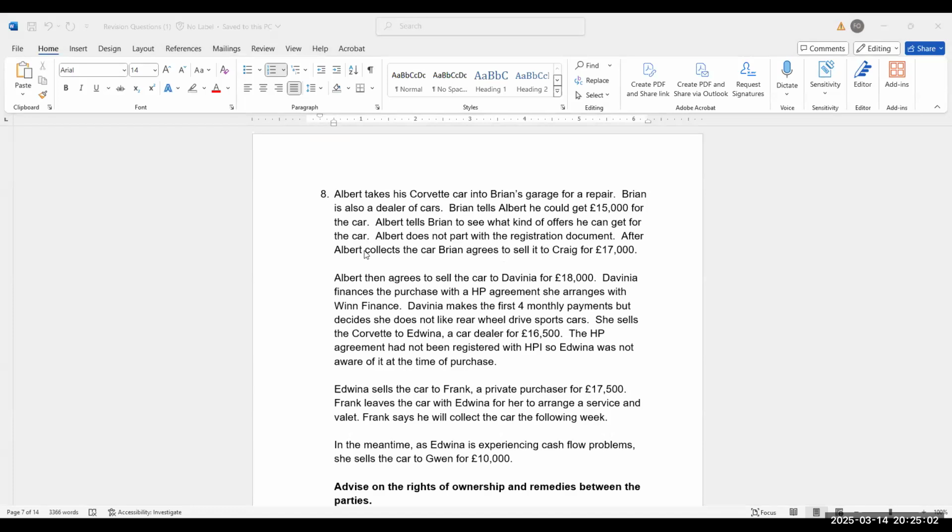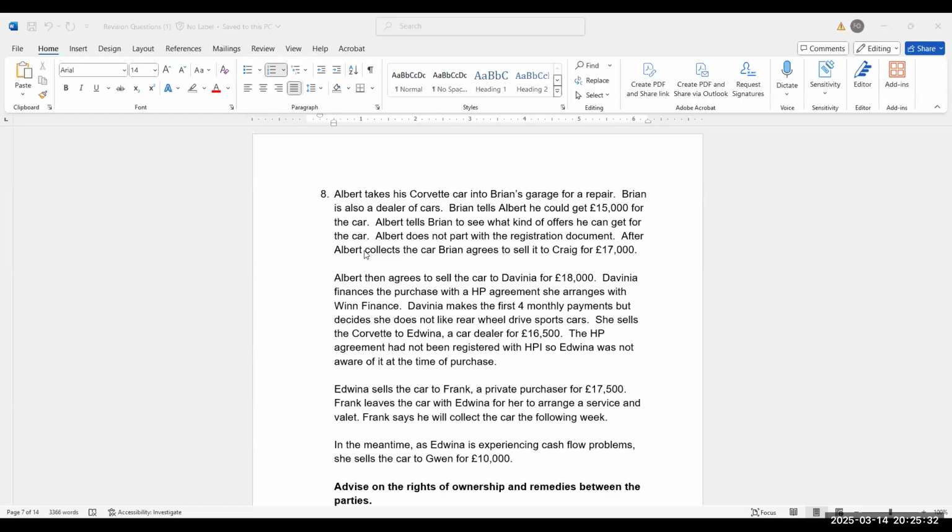It tells Albert that he should check if he could get £15,000 for the car, and it says, see what kinds of offer you can get. We can see that he didn't part with the registration document. Remember, in the exception of the Factors Act, the agent needs to have the document, the keys, and possession of the car. So he's not in possession of all those things, right? And we can also talk about Divina that sold the car.